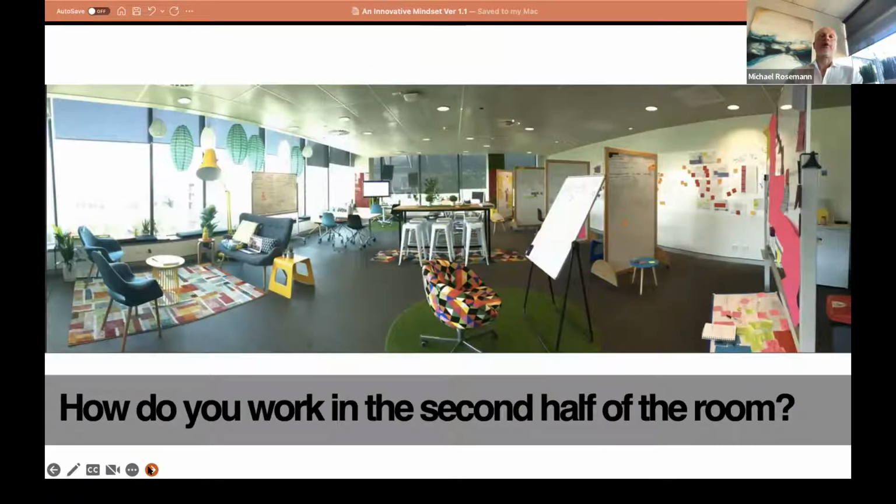In a project with a large insurer, we went so far as to say we only work in the second half of the room. We assume that you can look at today, that you can buy the business analysts either on the street or you have them, and we understand and believe you can make pain go away. But how do you see what's possible?